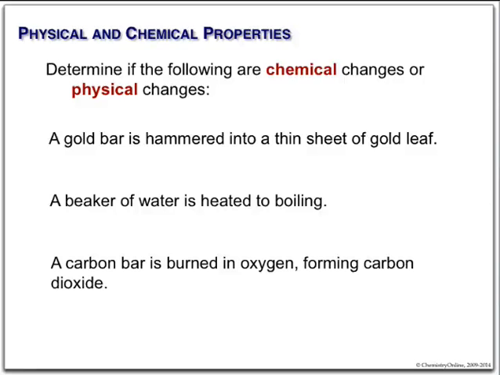Gold is the element that is the most malleable. What this means is you can take a little bit of gold and hammer it out into a phenomenal surface area. You can actually hammer gold so it's just 2 or 3 atoms thick.